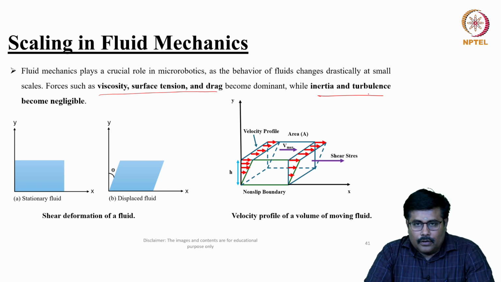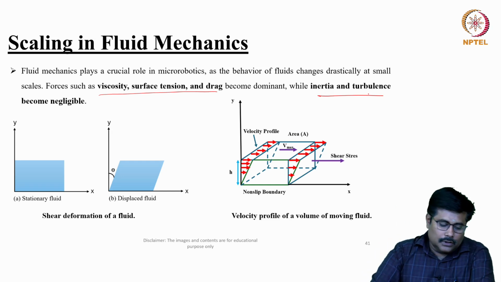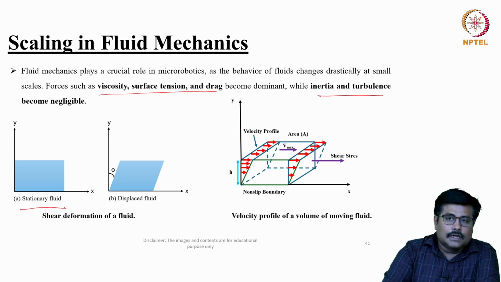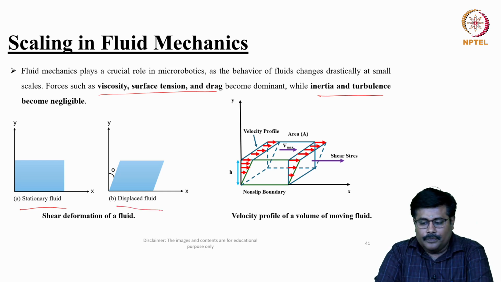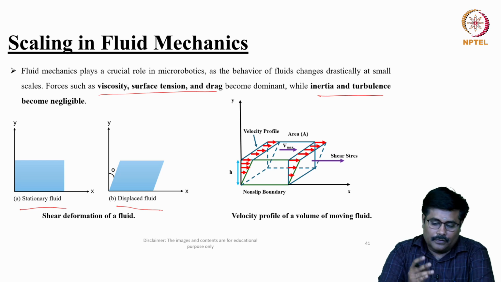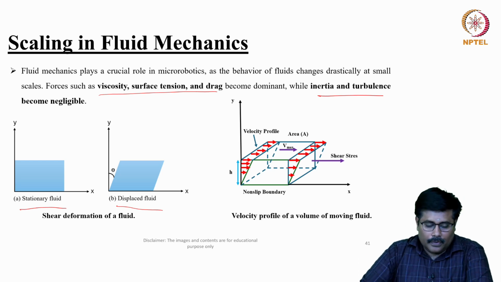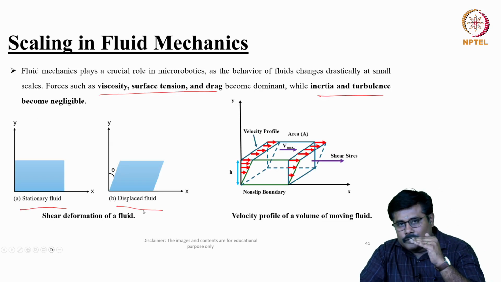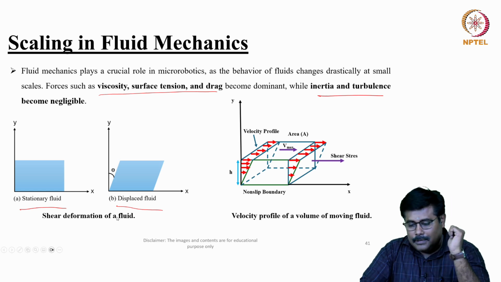Ideally, if you look into the configuration of a fluid, the shear deformation of the fluid can be appropriately categorized into two. One is called a stationary fluid structure, and another one is called a displaced fluid structure. The stationary fluid structure dominates in a particular domain, and in the case of a displaced fluid structure, let us consider you have an oily layer which tries to get displaced.